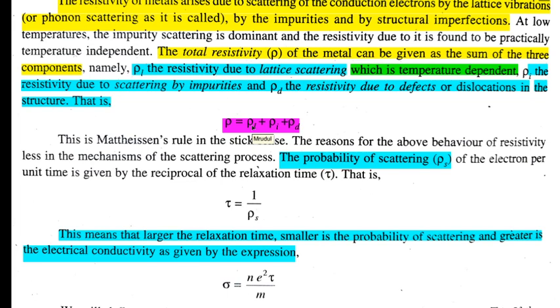Now we are just highlighting the scattering theory. Everything is because the conduction electron travels from point A to point B, between consecutive collisions of the conduction electrons, and that path is said to be the mean free path, and that particular time is referred to as the relaxation time.